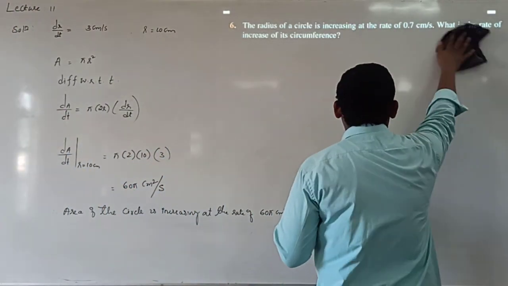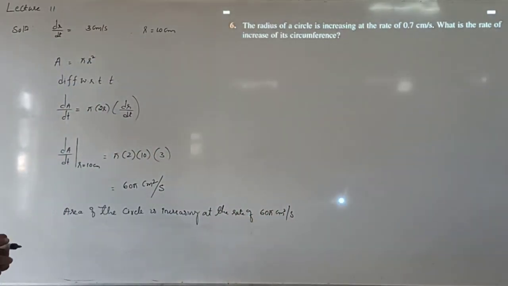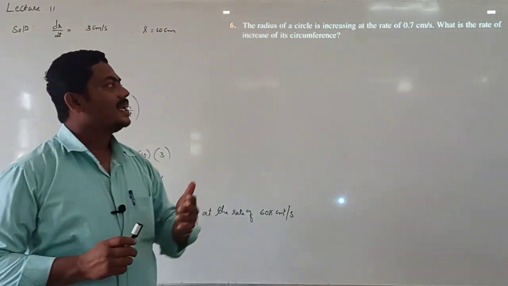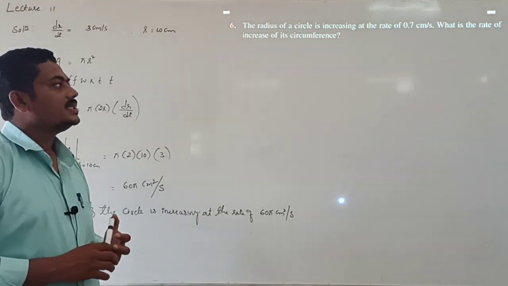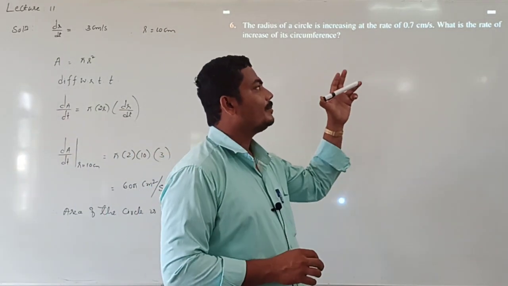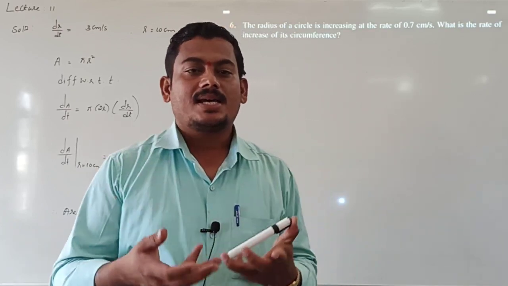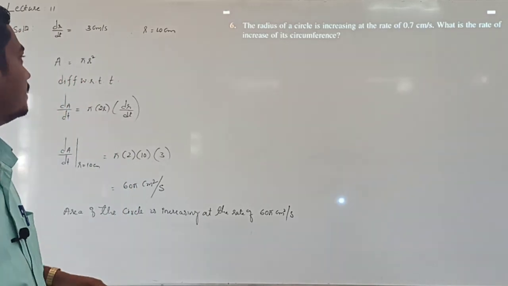Next, in your exercise 6.1, 6th question: the radius of a circle is increasing at the rate of 0.7 centimeter per second. In this case also, the radius of the circle is increasing with time, right?